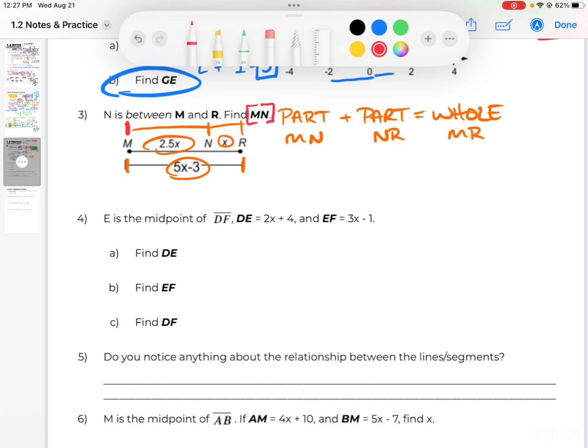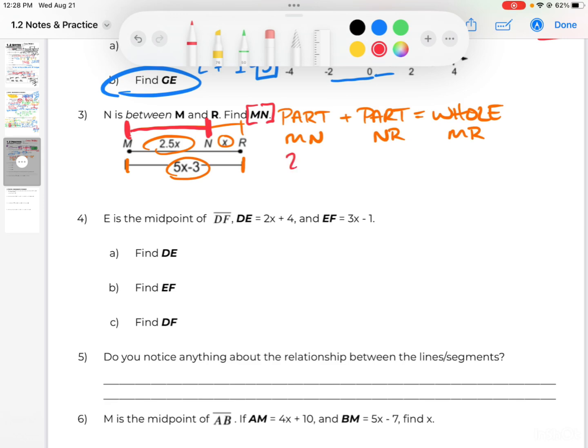I'm looking for this segment right here. What is its length? Well, I could just say 2.5x, but I actually have enough information to figure out what x is and get a more clear and exact answer.